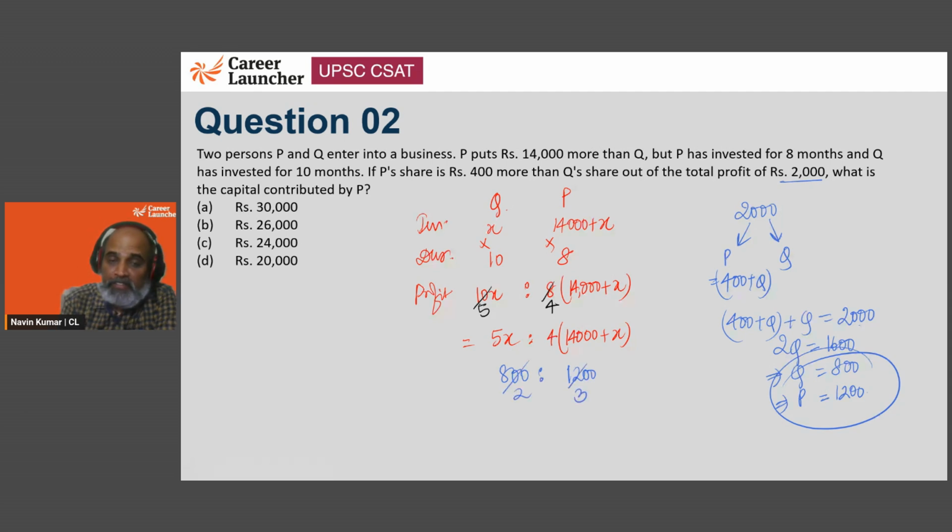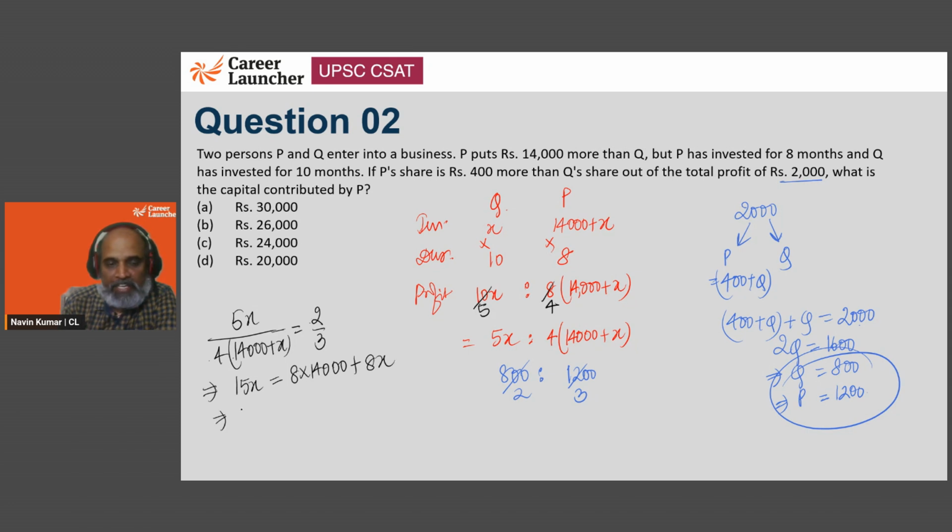So from here, we can say that 5x out of 4 times 14,000 plus x is the same as 2/3. If we cross multiply, we will be getting 5x into 3, which is 15x, is equal to 2 into 4, that is 8 into 14,000, open the bracket, plus 2 into 4, 8x.